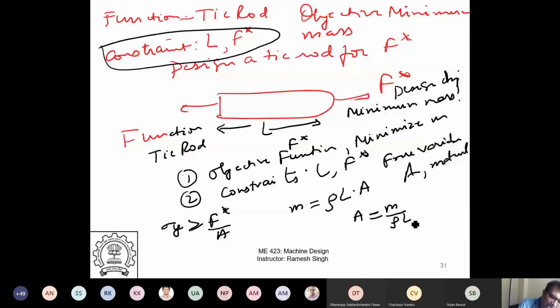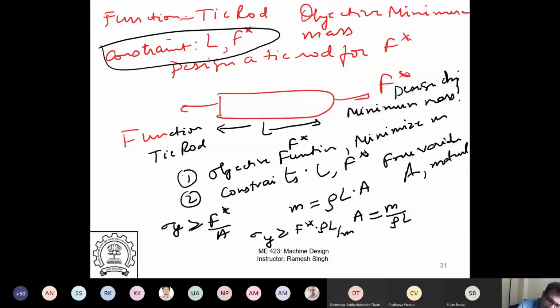If I plug in here, what will I get? Sigma y is not equal to, let there be an inequality here, F star over A. 1 over A is rho L by m, right?